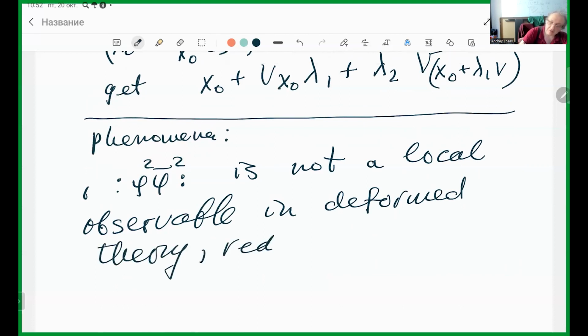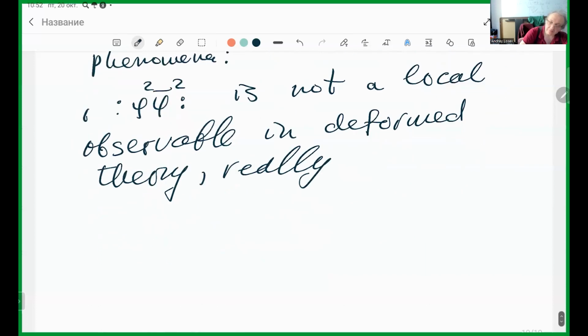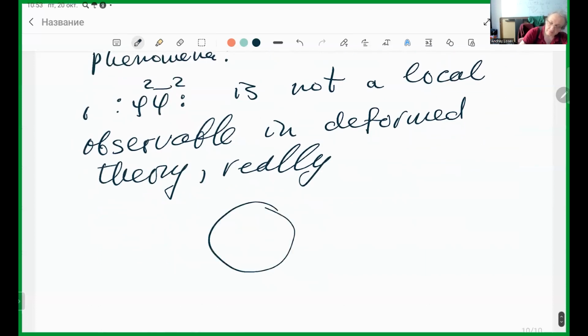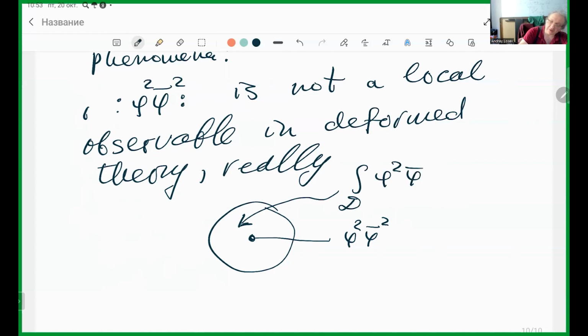Really. And here we have, in deformed theory, integral over a disk of phi square phi bar square. We again have divergence.